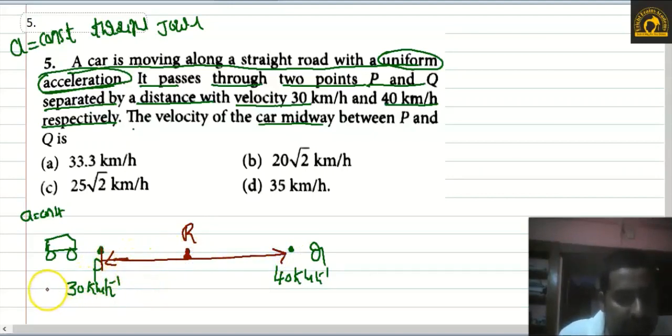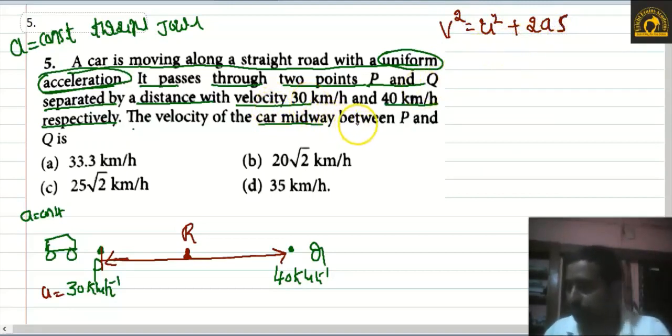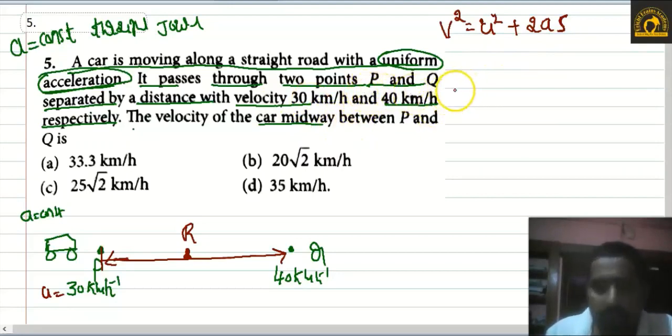Now this is the initial velocity, and you have to calculate the final velocity here. According to the formula, v squared is equal to u squared plus 2as.